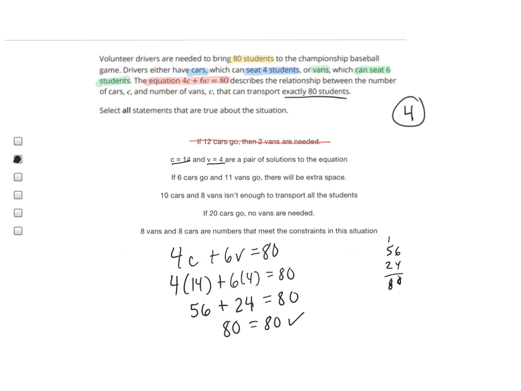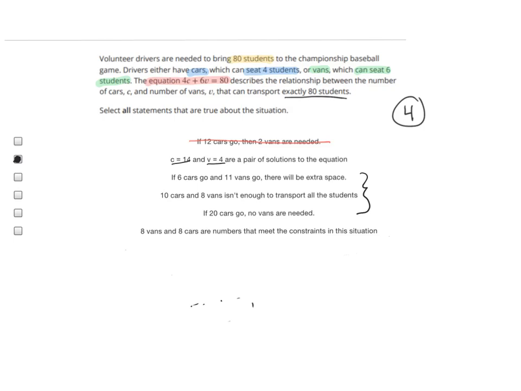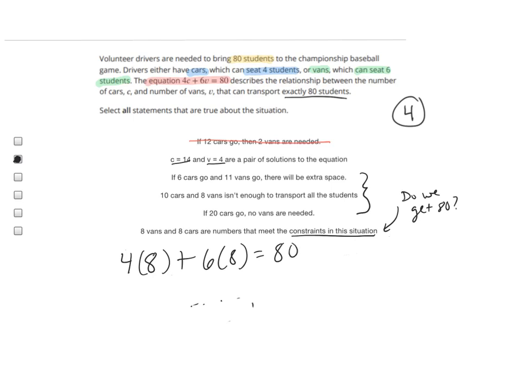Okay, I want to let you investigate these 3. I want to talk about the last one just because it is worded a little bit differently. When it says that it meets the constraints, all that's a fancy way of saying is, do we get 80? If I put in 8 vans and 8 cars, so 4 times 8 and 6 times 8, we want to see if we get 80.